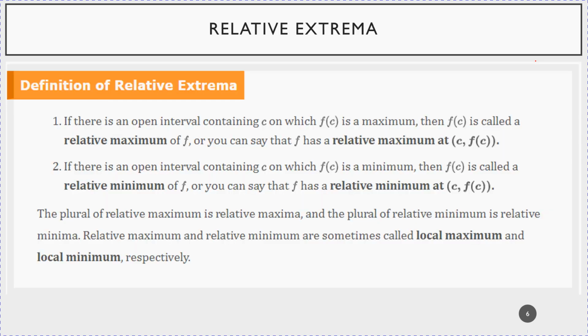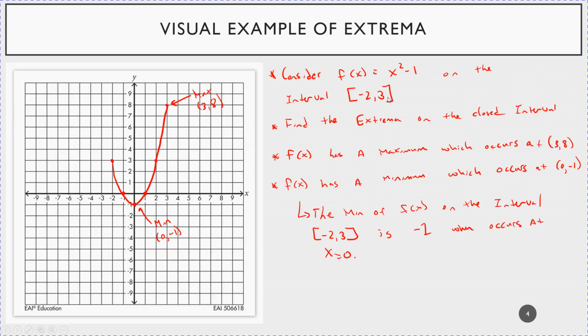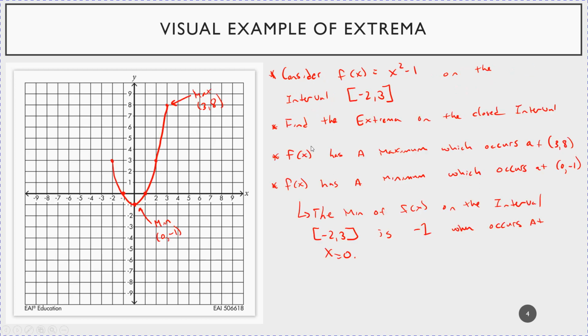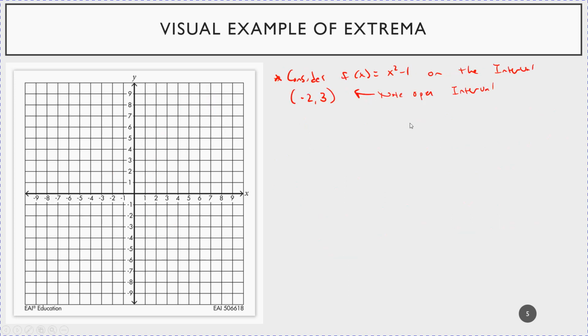So over here, going back, we did it from closed interval -2 to 3. So here we're going to do it on the open interval from -2 to 3. So note it's an open interval. What that's telling me here is you don't actually include the endpoints. All right, so just like over here, I'm going to find the extrema on the open interval.